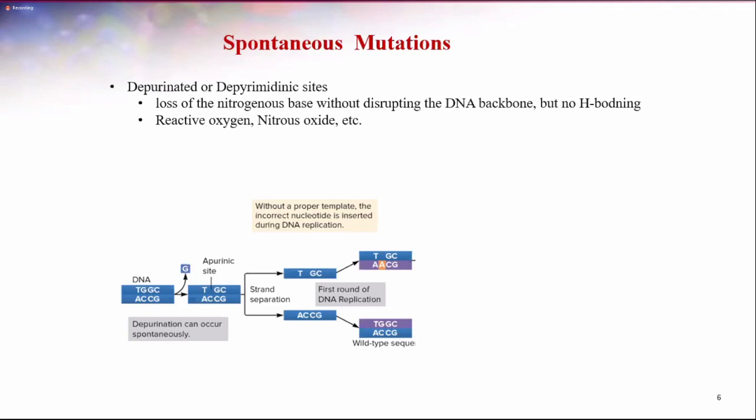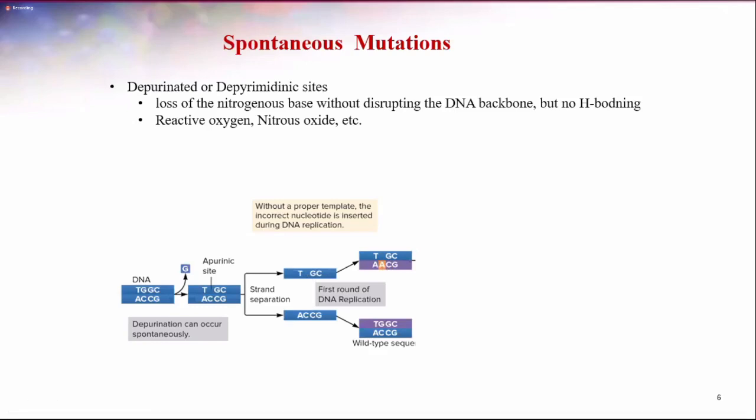And that's what happens, because there are multiple proofreading mechanisms within bacterial cells. So during the first round of replication, one of the template strands gives rise to the same original wild type sequence, whereas the top strand is not going to have a template at that particular site. So you can have any base really go in that site, right?